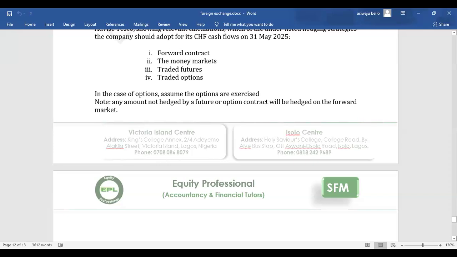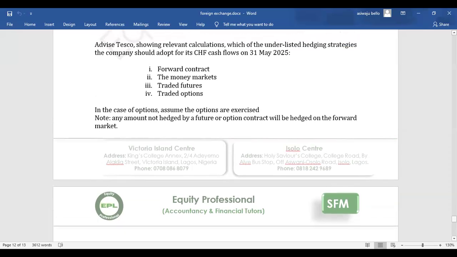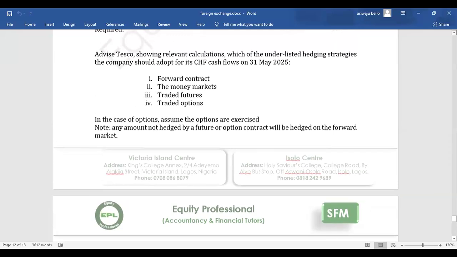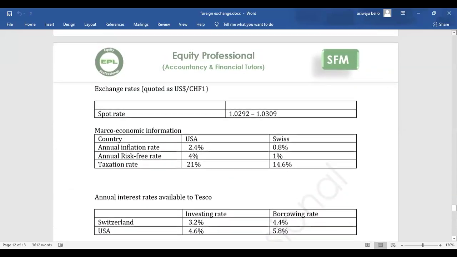Now, unlike the question we solved last week, even in my physical class, where the examiner gave us the forward rates, in this question we are not given the forward rates.